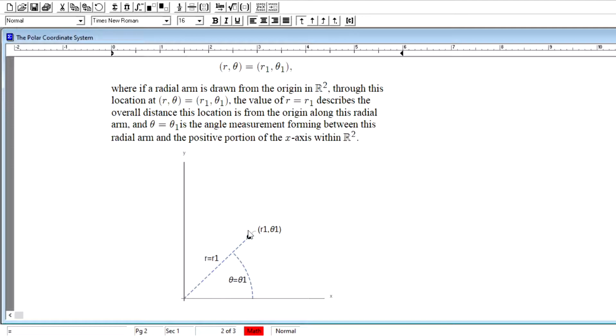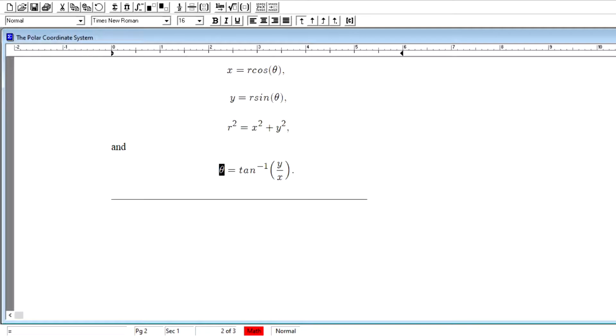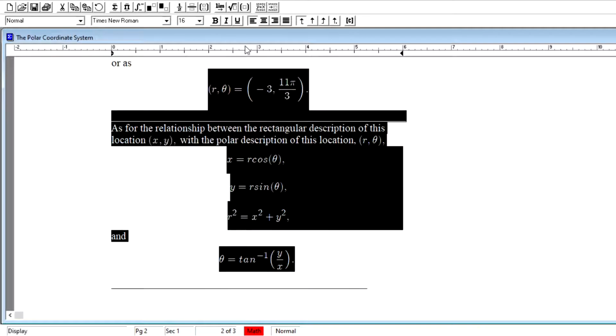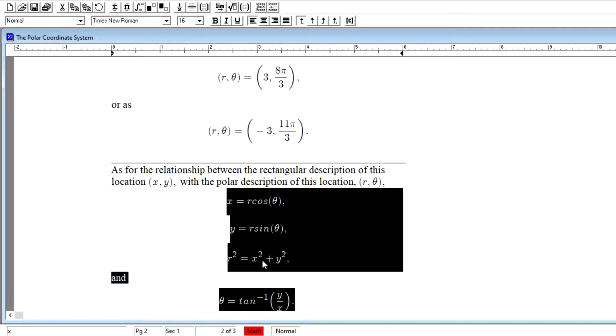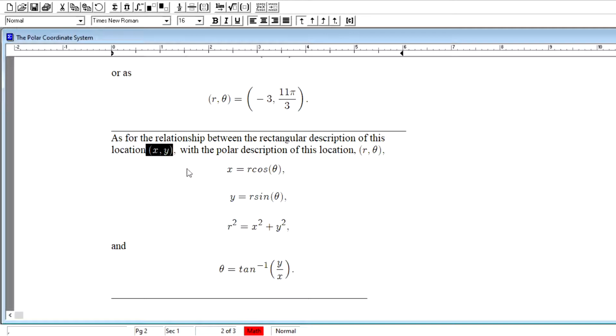So if the tangent of theta equals y over x, theta then must be the tangent inverse of y over x in value, right? And we can prepare these four equations to describe the relationship between the rectangular coordinate at x comma y and the corresponding polar description of that location given by r comma theta.